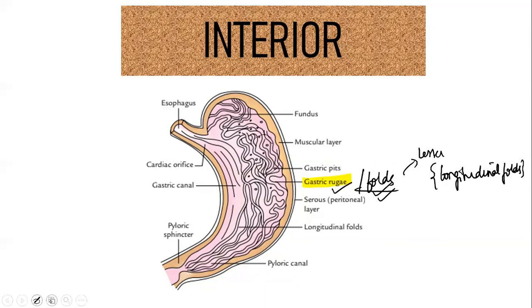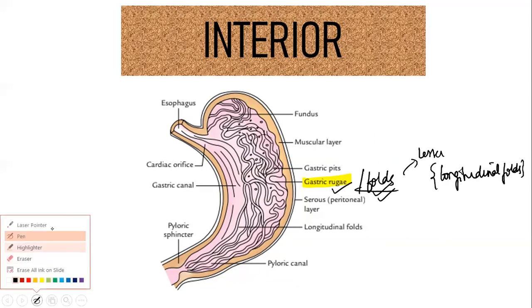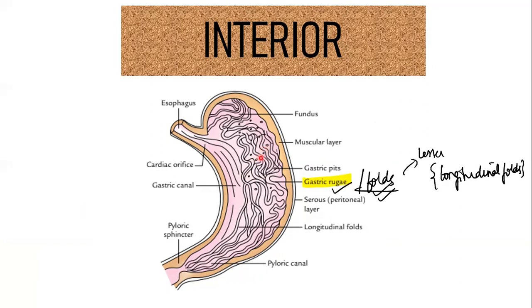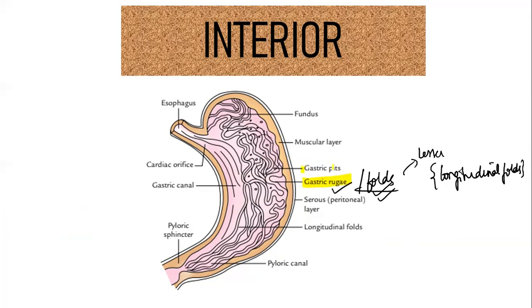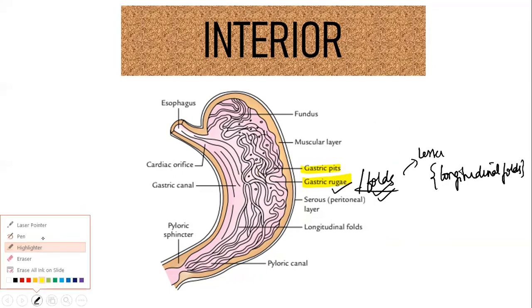The second one, can you appreciate some dot-like structures here? All these small dots are called gastric pits. So in the gastric rugae, there is some pit-like structure or a depression that is formed. Why there should be a depression is for the gastric glands.